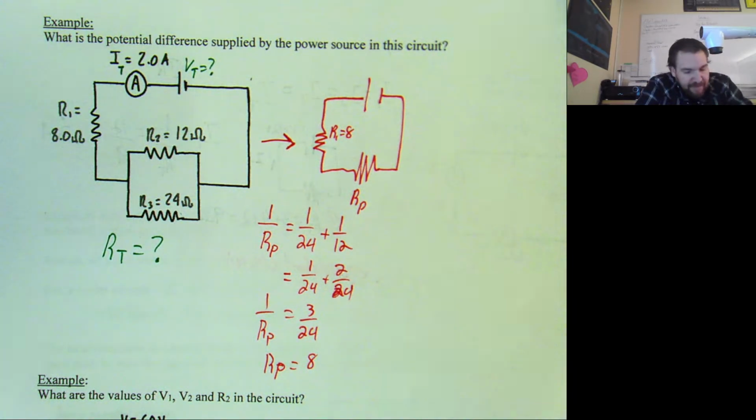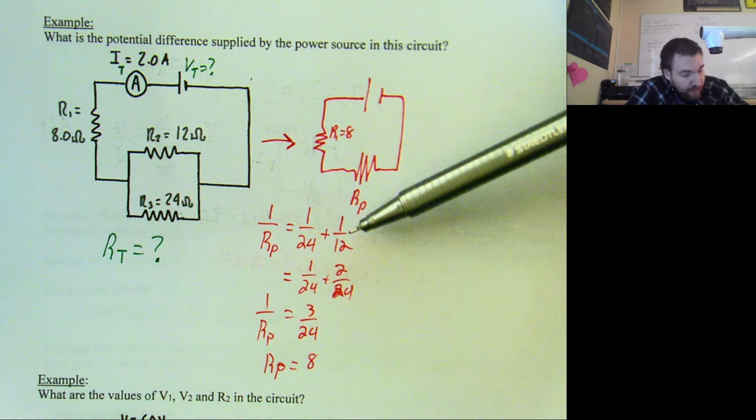You cool with how that happened? More often, you'll be given numbers that are a little nicer. Are we cool with RP being 8? Hang on, I got it. Okay, where did I lose you? We cool with what I did here?